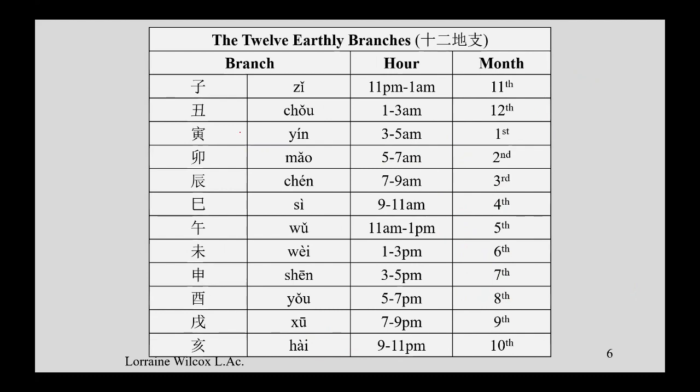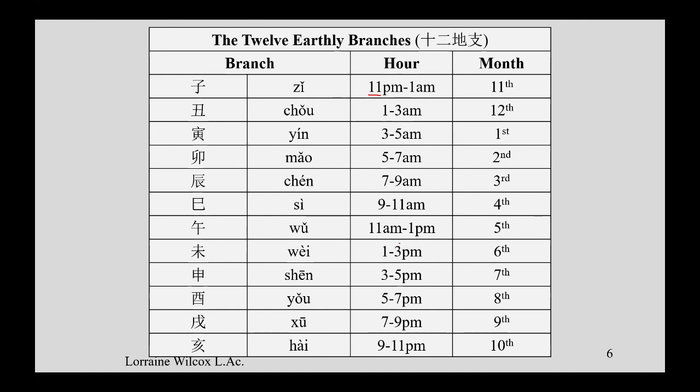Okay. These are also associated with the time of day and with the month of the year. In ancient China, they used 2 hour time periods. And so the Zi hour is 11 p.m. to 1 a.m. That also means that generally the day started at 11 p.m., not at midnight. And so then the Chou hour is 1 to 3, and so forth.